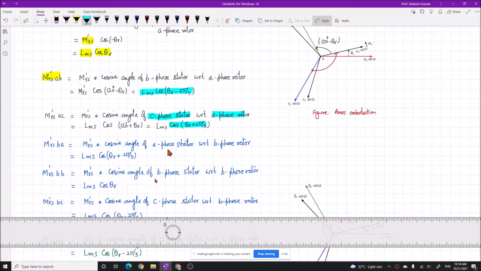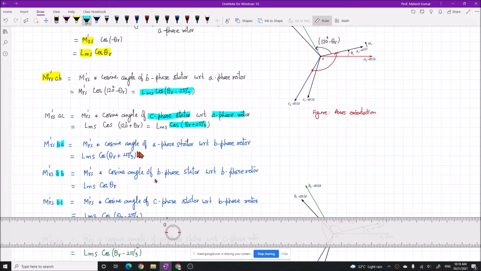Then again you will calculate BA, BB and BC. So BA means the B phase rotor to A phase stator. Okay, B phase rotor to A phase, then B phase rotor to B phase stator, then B phase rotor to C phase stator.